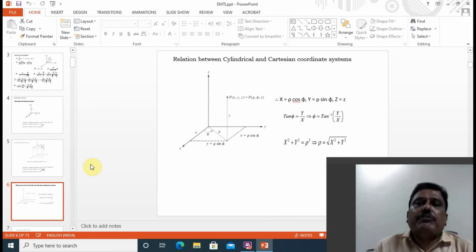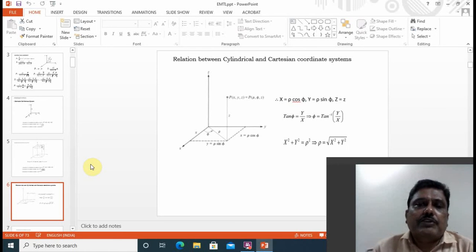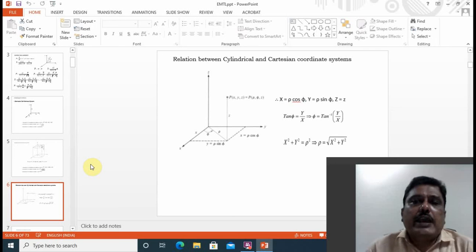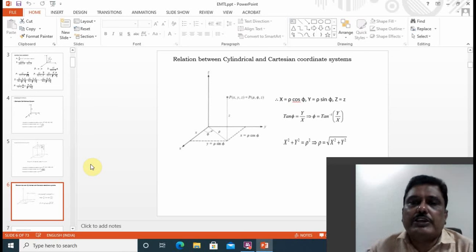So from the figure we can write x equal to rho cos phi, y equal to rho sin phi, and z equal to z. From the figure, tan phi equal to y by x, from which phi equal to tan inverse of y by x. And from the figure we can also write x square plus y square equal to rho square, from which we get rho equal to square root of x square plus y square.